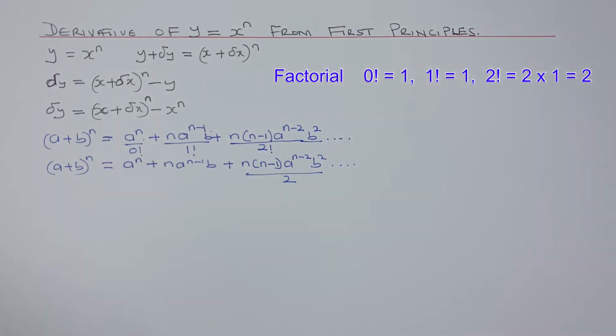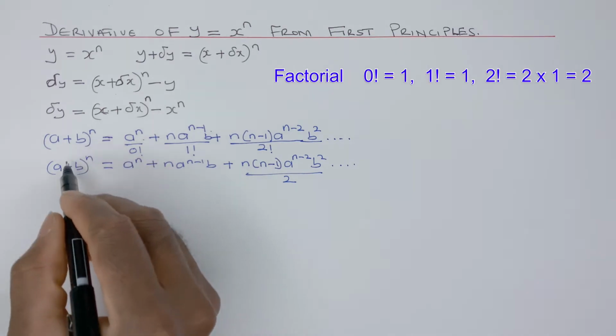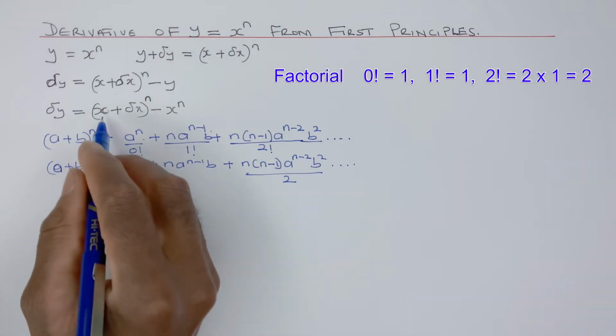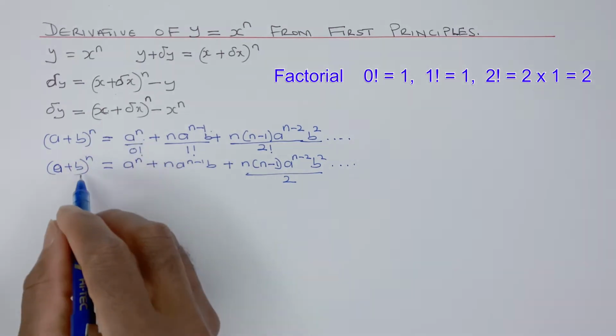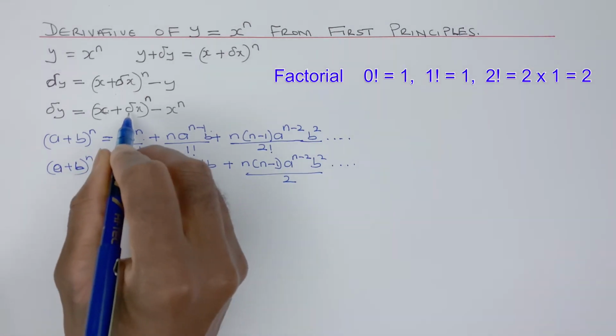Now for my expansion, I'm going to replace a with x, and the b is delta x.